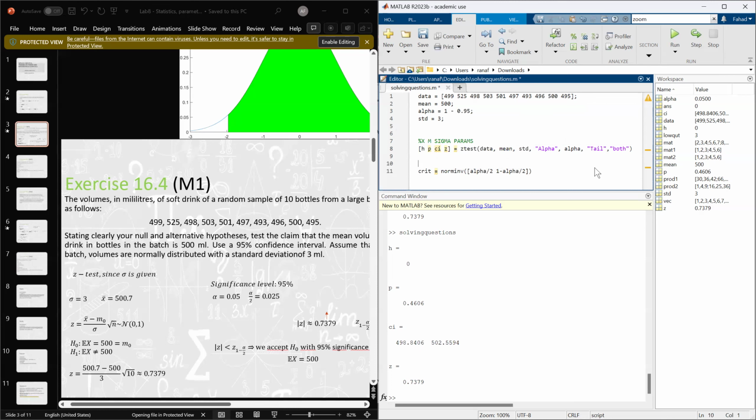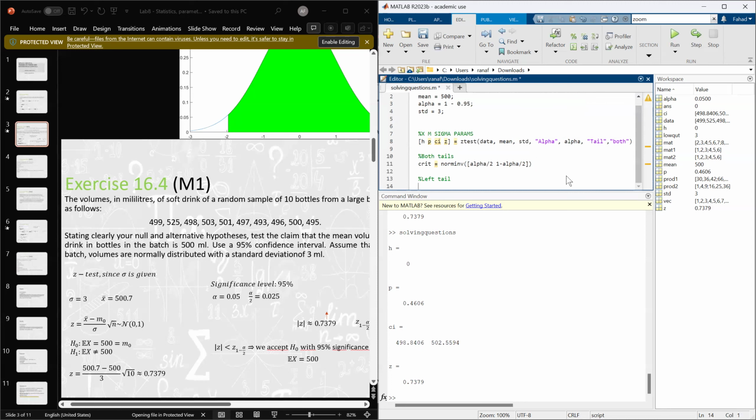This is if both tails. What if left tail? The way I remember this is that there is always a 1 on the right, because the right is the good side. There's left and right, right is the positive side, so there is always a 1.